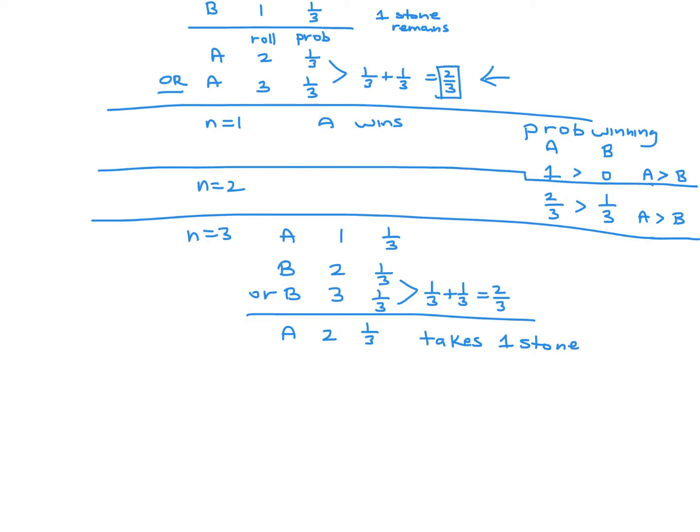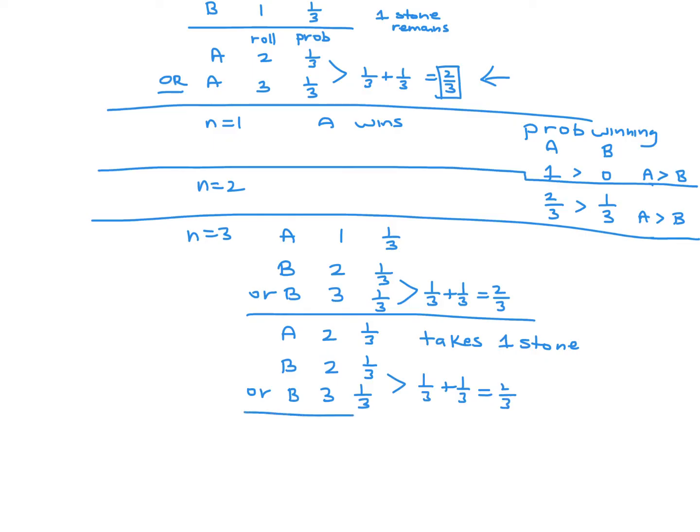So she's trying to get a strategy here to at least be competitive. So that's why she's only going to take 1 stone. Then Bob rolls a 2 with a 1/3 probability, and since there's 2 stones left, he takes them both and wins. Or Bob could roll a 3 with 1/3 probability, and again he wins. So then you have to add these guys, and again it's 2 over 3.